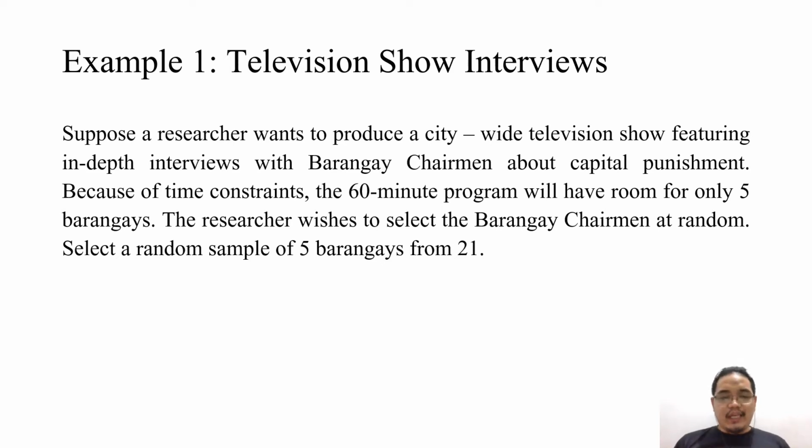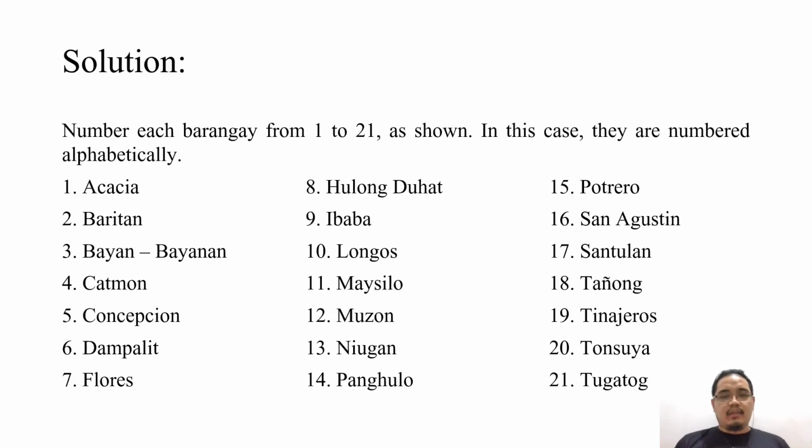So, you need to select a random sample 5 out of 21. Okay? So, yung scenario is you have 21 barangays in a city but you need to choose 5 randomly. So, dapat mapakita natin dito na equal talaga yung chances na mapipili yung kada isa dun sa 21 barangays. Okay? So, to do that, pwede mong gawin.